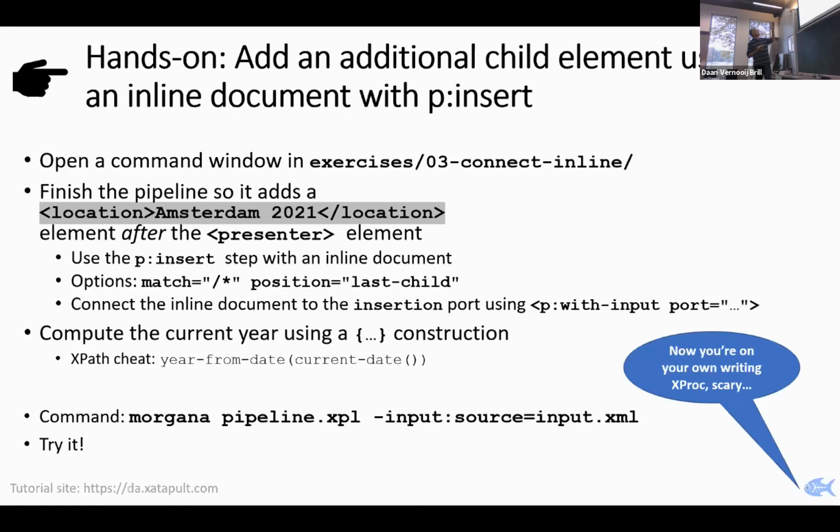If you open the connect inline exercise, then I would ask you to add an insert for, in this case, a presenter element, to add the location element after the presenter element. And there are various hints there on the sheet.